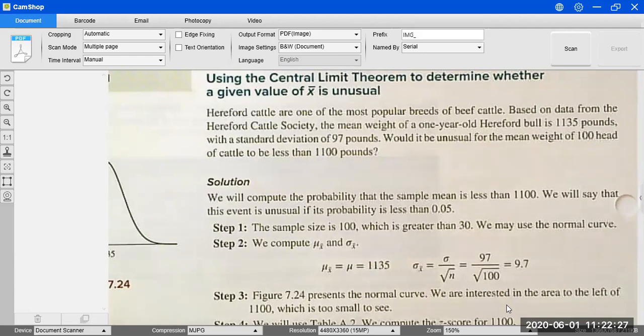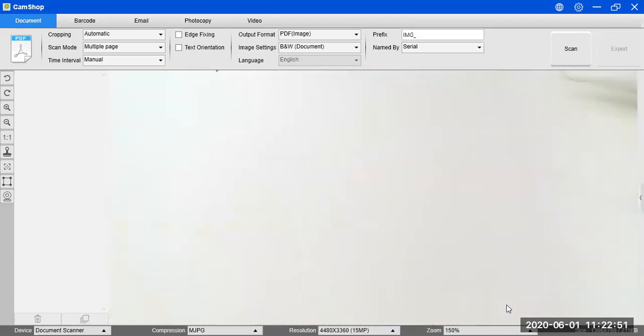And would it be unusual for the mean weight of 100 head of cattle to be less than 1100 pounds? So we're going to work this problem now. This is not about an individual bull. It's about a group of 100 bulls in our sample. So let's work on this problem now.